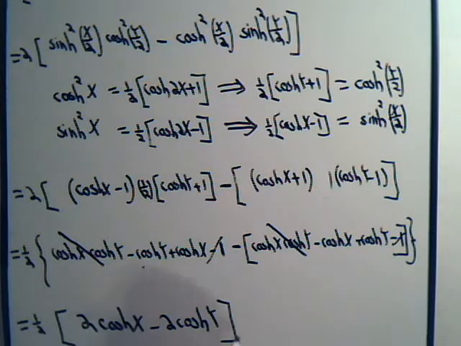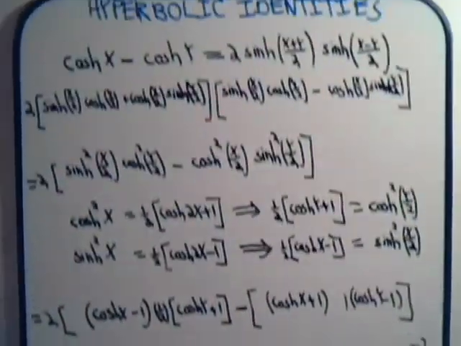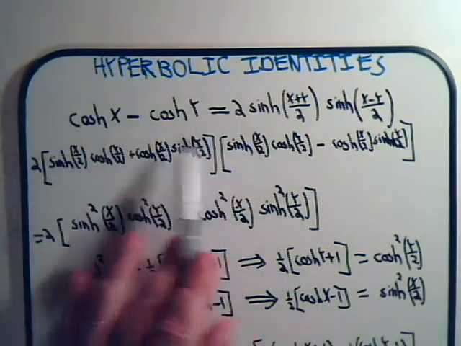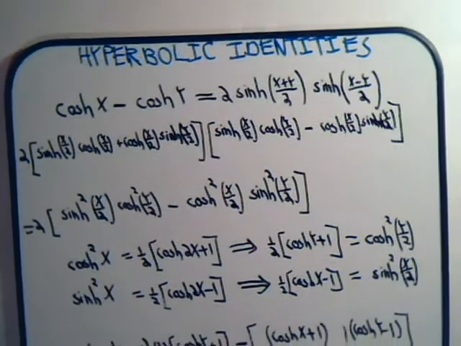And let's see, multiply through then. This is just going to be the hyperbolic cosine of x minus the hyperbolic cosine of y. And I think that is what was left up here. So it came out okay.